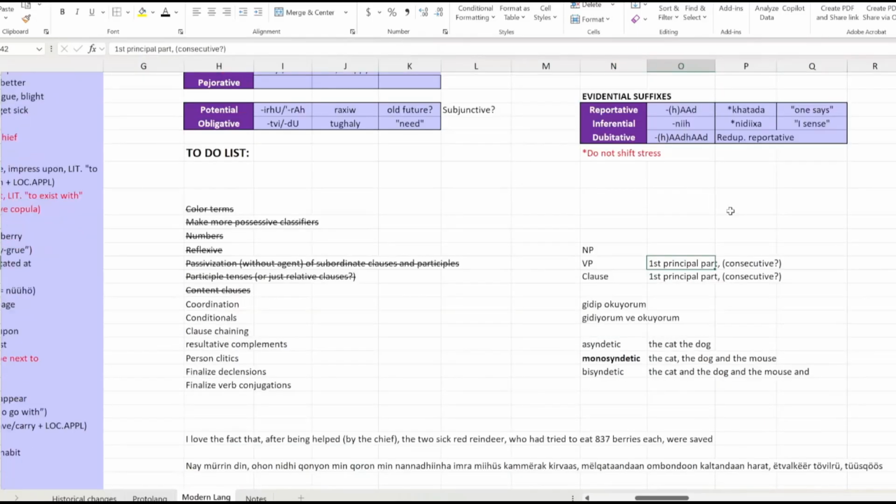So maybe the converb form is preferred in verb phrases, but you can optionally use the nominal coordinator purely for afterthoughts, simply because I don't really know what the alternative would be. The only alternative I can think of is if you had some sort of dummy verb, like the copula, that you could put in the converbial form.